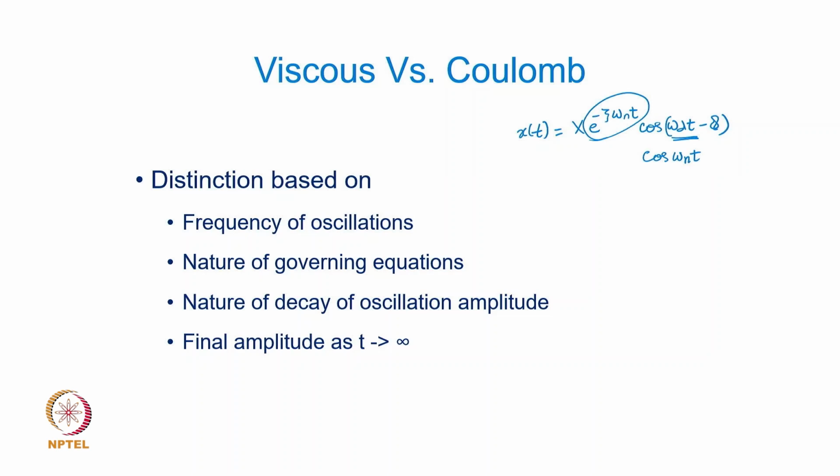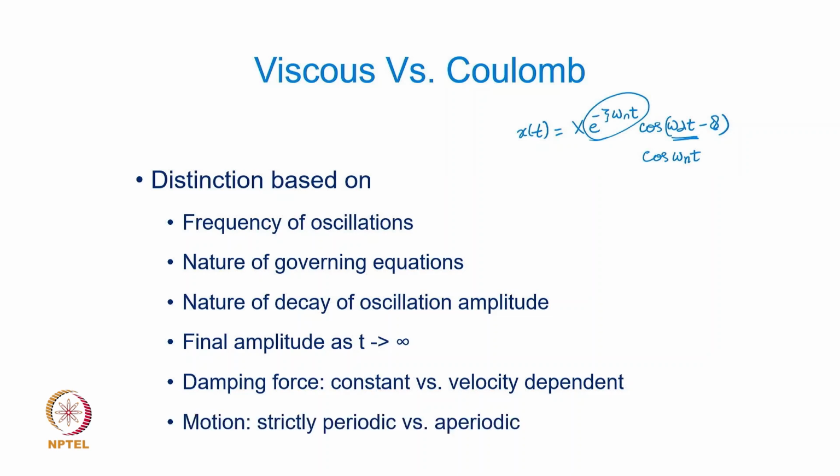Therefore in Coulomb damping the mass does not approach the mean equilibrium position, whereas in case of viscous damping the final amplitude will become 0 as time progresses. And of course the damping force in viscous damping is proportional to velocity. It is a velocity dependent dissipating force, whereas it is constant in case of Coulomb damping.